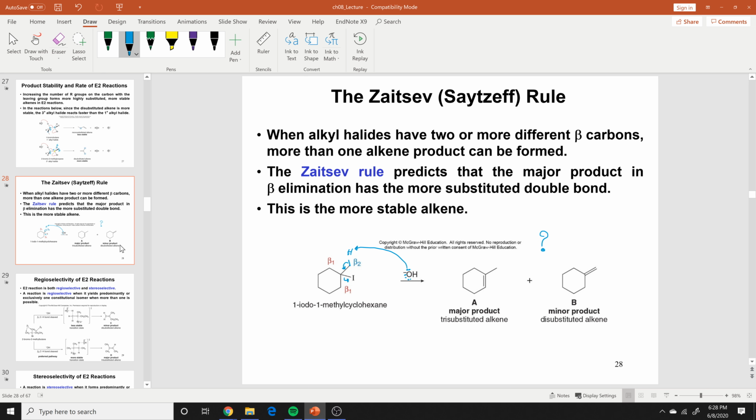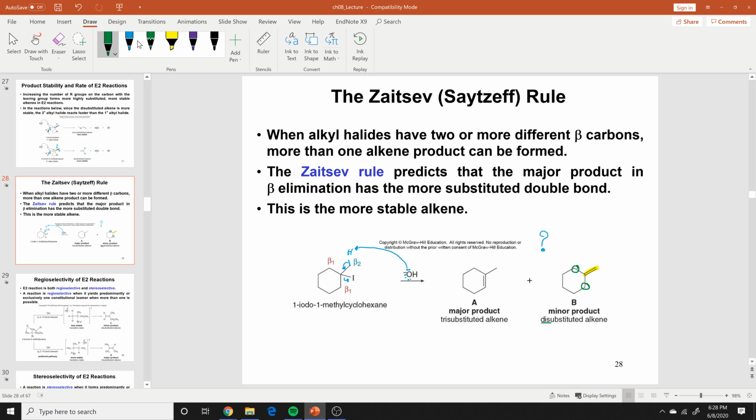This is the first double bond, between these two carbons. If I want to look at the degree of substitution, this is going to be my alkene, and it is connected to two carbons, so it is going to be a disubstituted alkene.